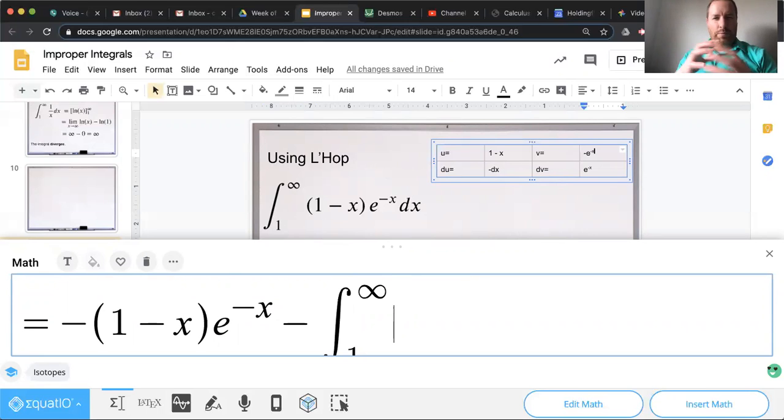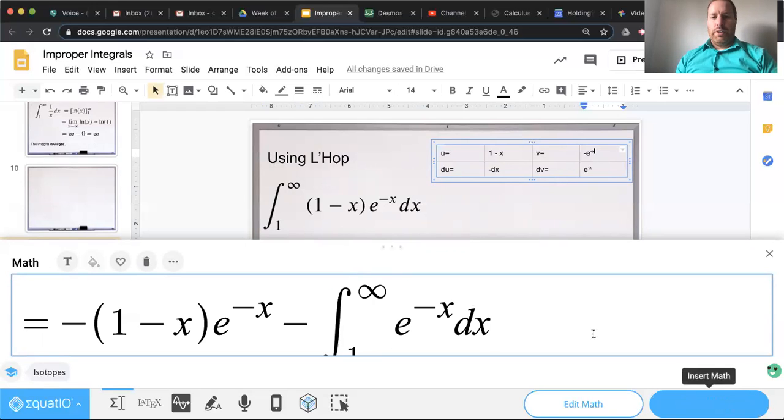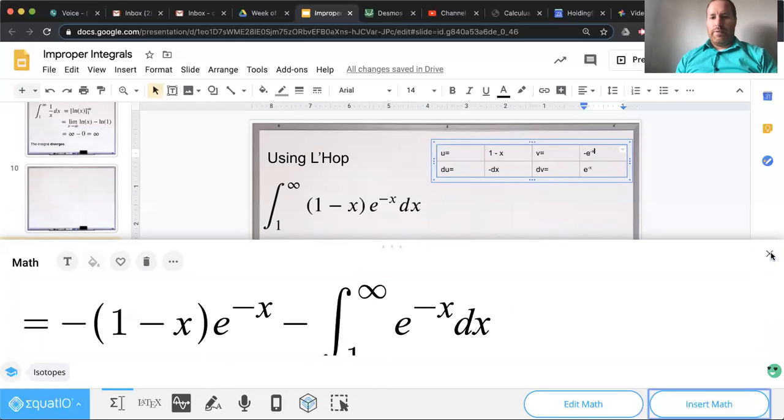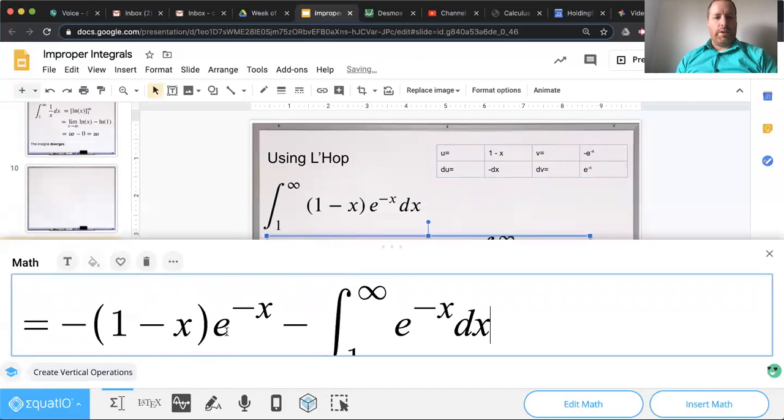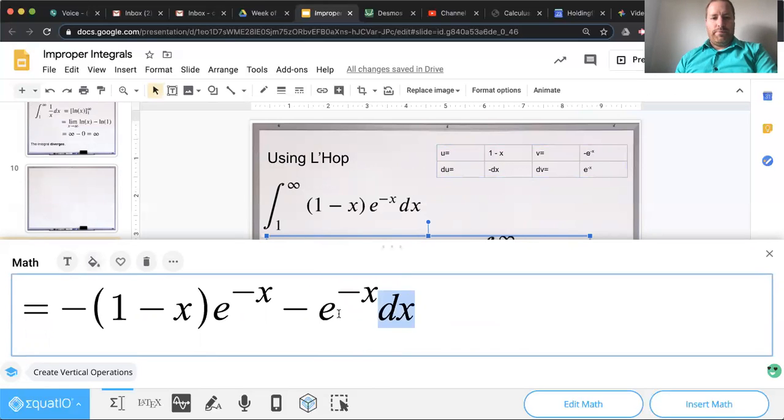And I guess we wouldn't need those bounds because we're evaluating the whole thing. And these both have double negatives in there, so those will cancel out. Negative x dx. We'll insert that right in there. So that's our evaluation so far. And then we'd evaluate this, which would be negative e to the negative x. So in fact, I'm just going to get rid of the integral on there, and that will make that negative be positive. And that's all we have on that part.